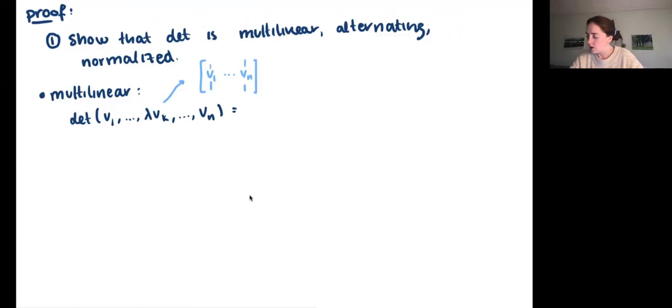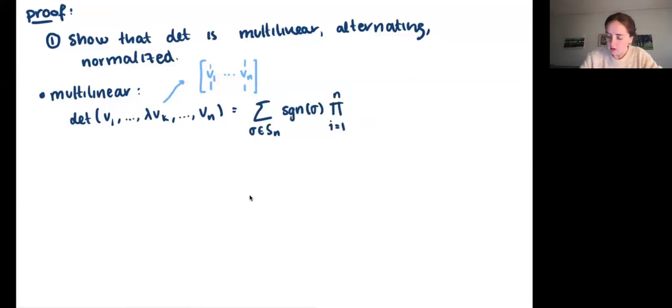Okay, so just taking the definition of the determinant, this is going to be the sum over sigmas in Sn, sign of sigma, and then I have a product as i goes from 1 to n. I want the ith row of this matrix, so I'm going to take the ith row and the sigma of ith column.